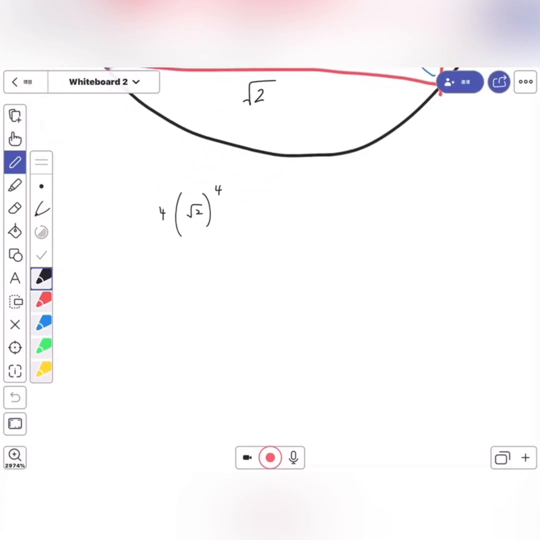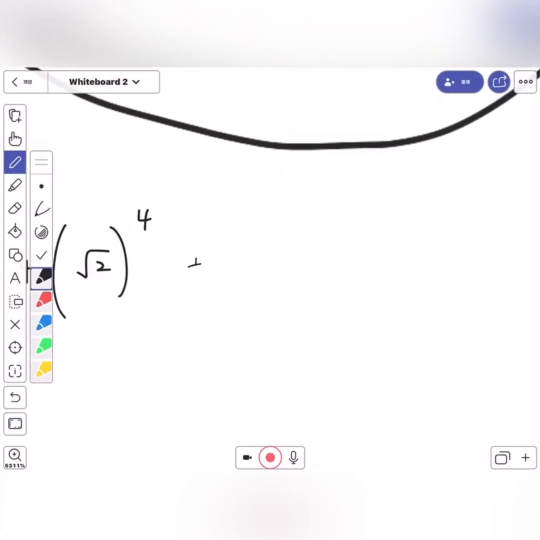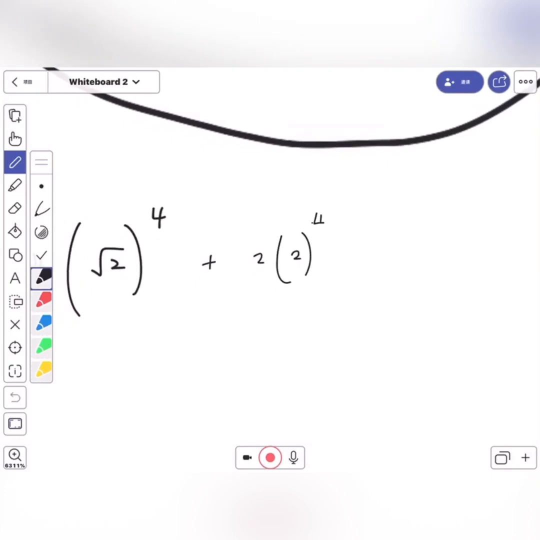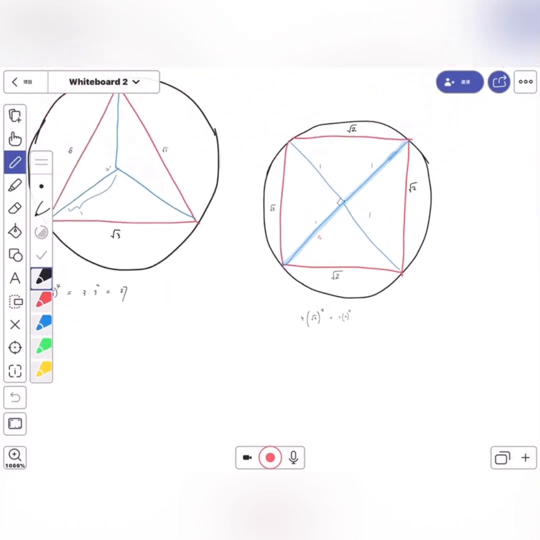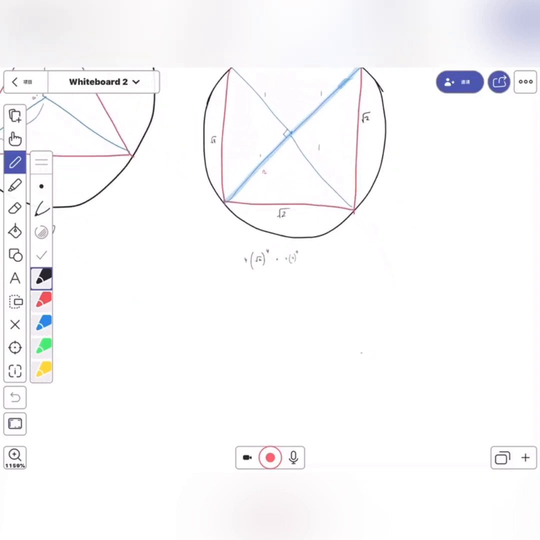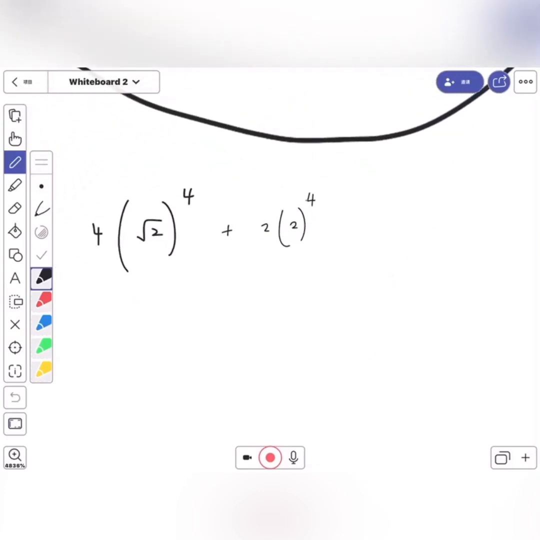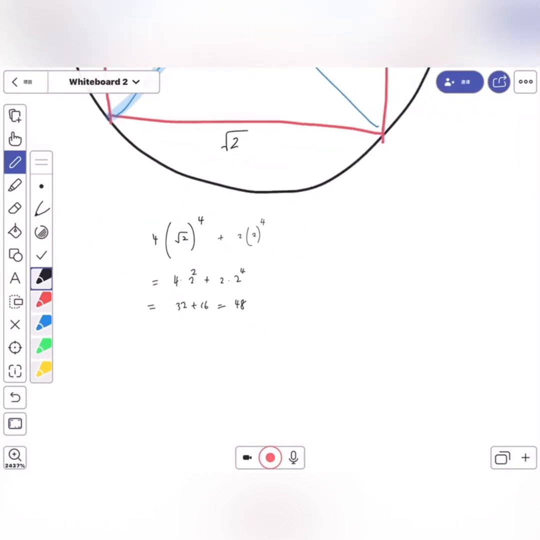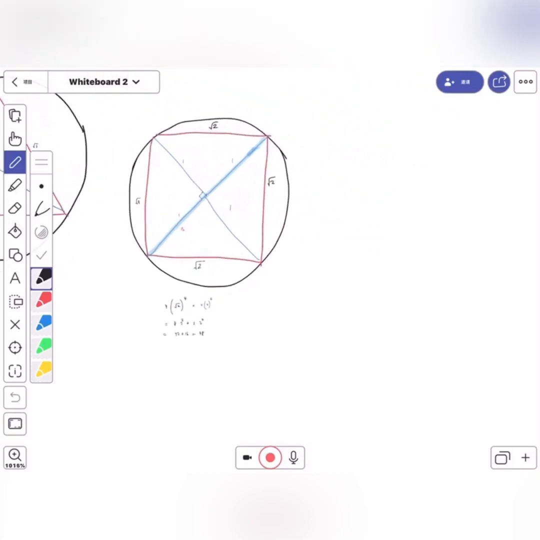Then we add 2 times 2 to the 4th, because we have 2 diagonals, each of length 2, and we're raising everything to the 4th power. So this is 4 times 2 squared plus 2 times 2 to the 4th, equal to 32 plus 16, equal to 48.